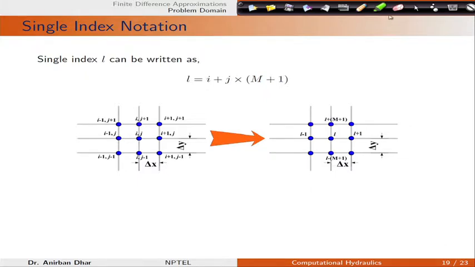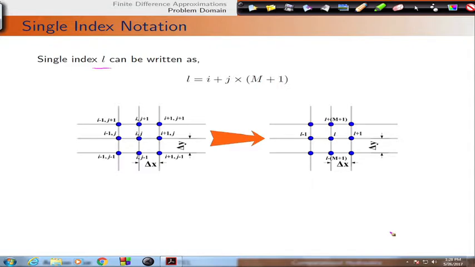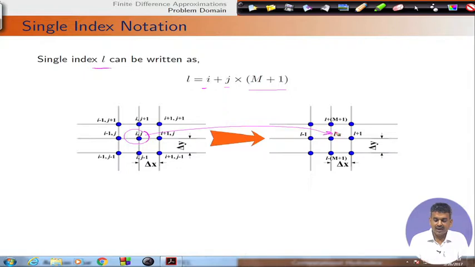Single index L can be written as I j m plus 1. This is I j, this point can be represented as L. So, L minus 1 is basically I minus 1 j point, L plus 1 is I plus 1 j, L minus m plus 1 is I j minus 1, and L plus m plus 1 is I j plus 1 point.